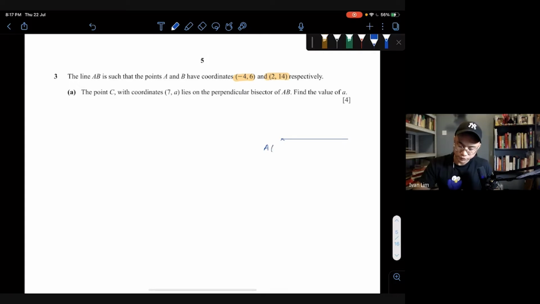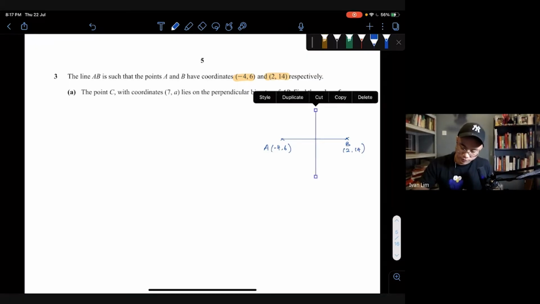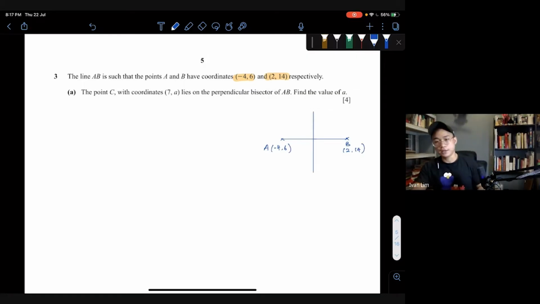A (-4, 6), B (2, 14). Okay, we have a perpendicular bisector. It means a line that cuts through the AB line right in the middle.